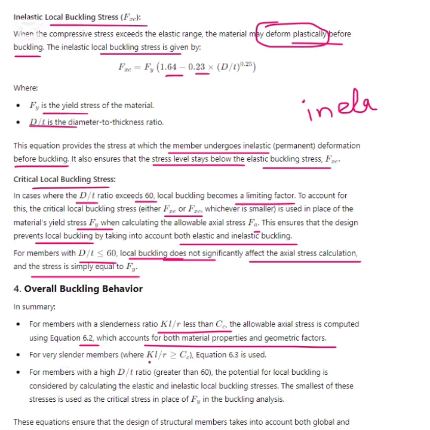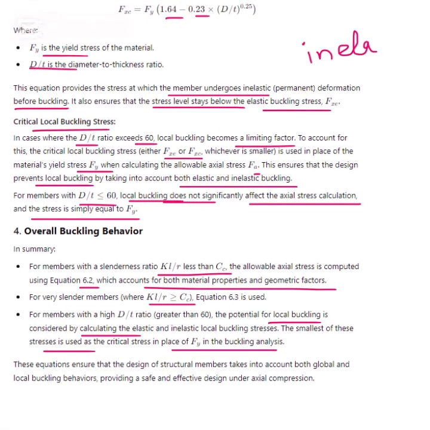If it is a slender member, when KL/r is greater than Cc, a different equation is used. For members with high D/t ratio, the potential for local buckling is considered by calculating elastic and inelastic buckling stresses. The smallest of these stresses is used as the critical stress in place of Fy. These equations ensure the design takes into account both global and local buckling behaviors.